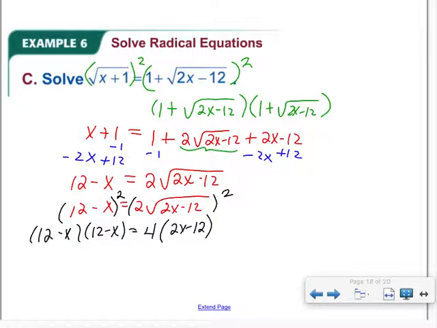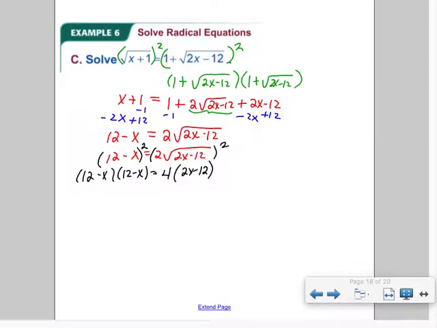So let's use all our rules of distribution. So when we distribute everything on the left side, we get 144 minus 24x plus x squared. That's what we get after we FOIL everything. And now we're going to distribute the 4 on the right side. We get 8x minus 48. You might notice that we have at this point a quadratic equation, meaning we've got a squared as our highest power.